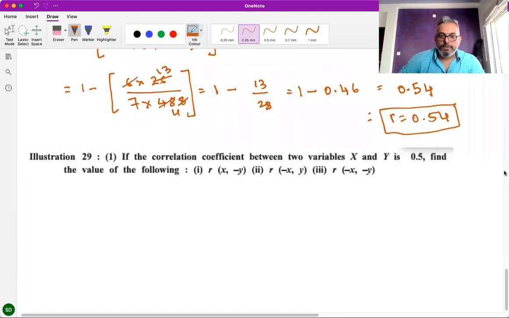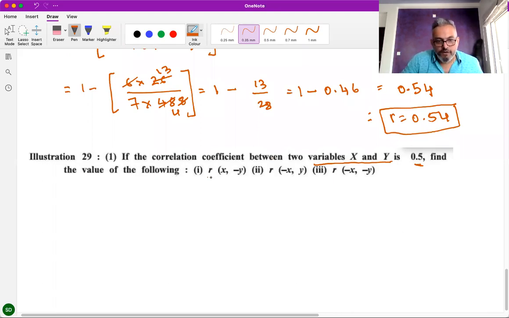Now, pay attention, please. This can come as a short sum for 1 mark. If the correlation coefficient between two variables x and y is 0.5, find the value of the following.